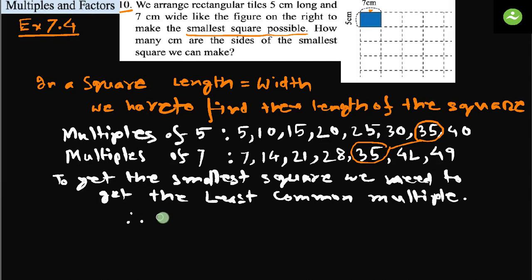So therefore, what are the sides of the smallest square?